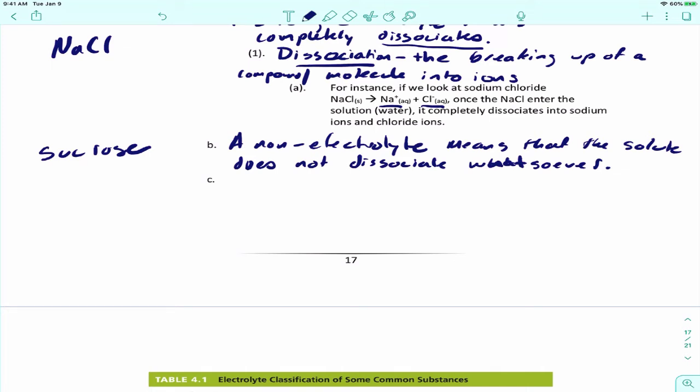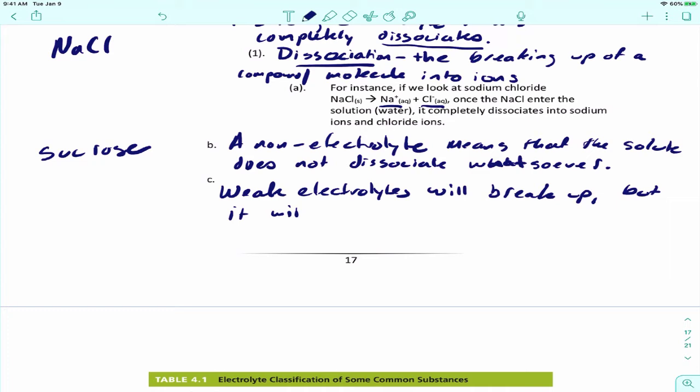Okay. Now, what about the weak electrolytes? Weak electrolytes will break up, but it will be less than 50%.